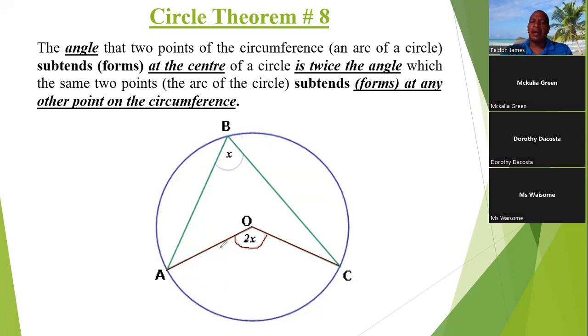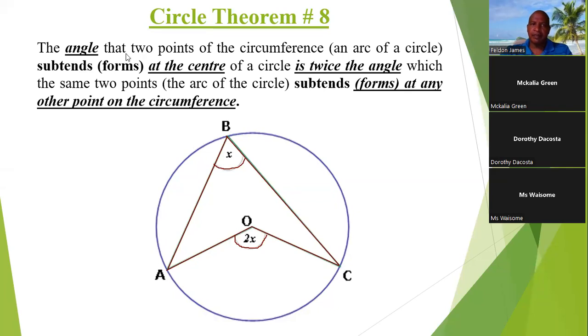Right. Now, the other angle which is formed at the circumference in the opposite sector. So if you look at this, the angle is now formed in the other sector at the circumference. Now, what is the theorem saying?